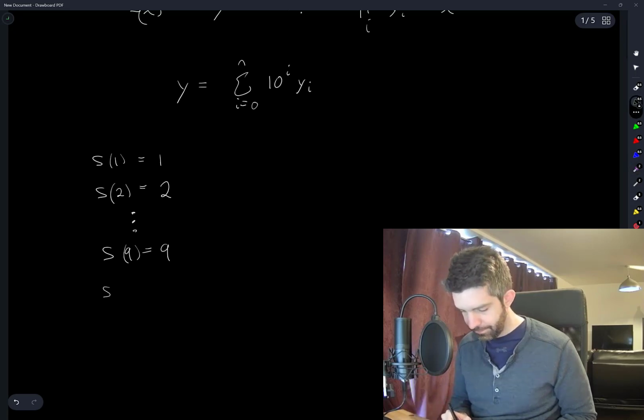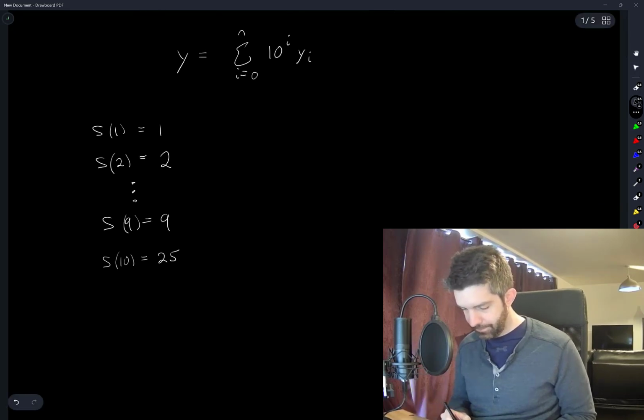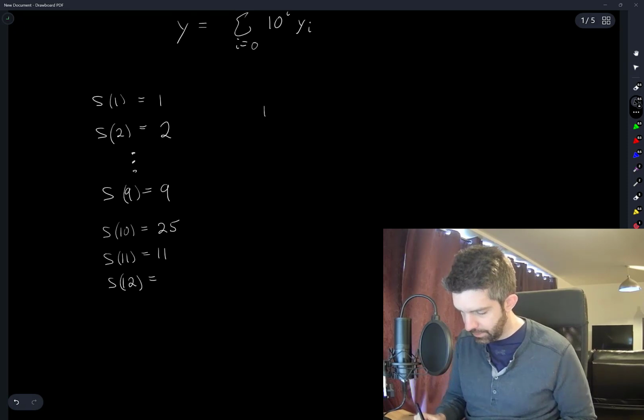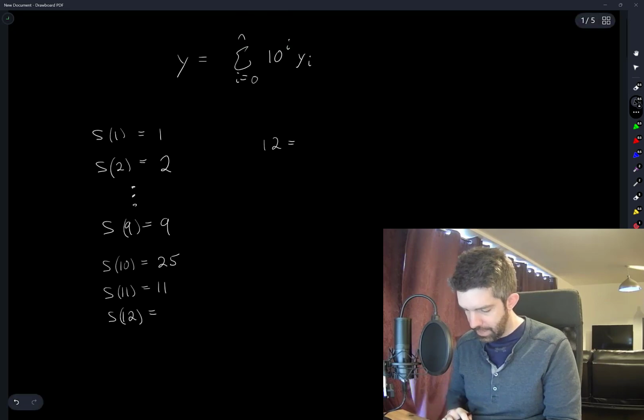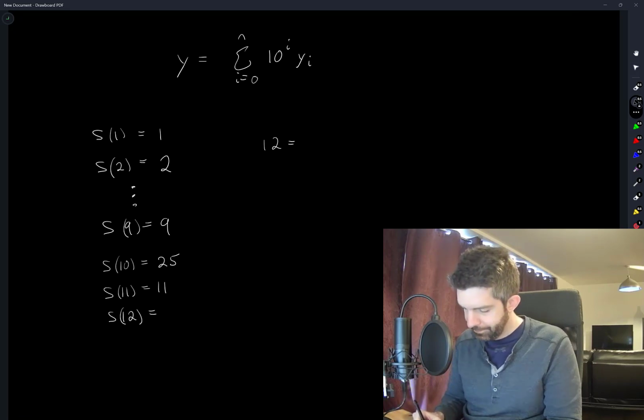Okay, s of 10. So 10 is equal to 2 times 5. So the smallest number that works here is going to be 25, right? Okay, 12 can be written in many ways, and we have to write this as a product of one-digit numbers. So this is 2 times 2 times 3.